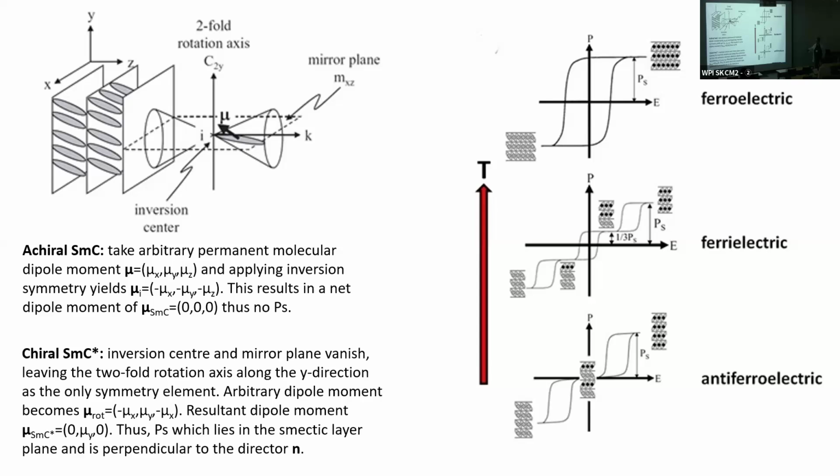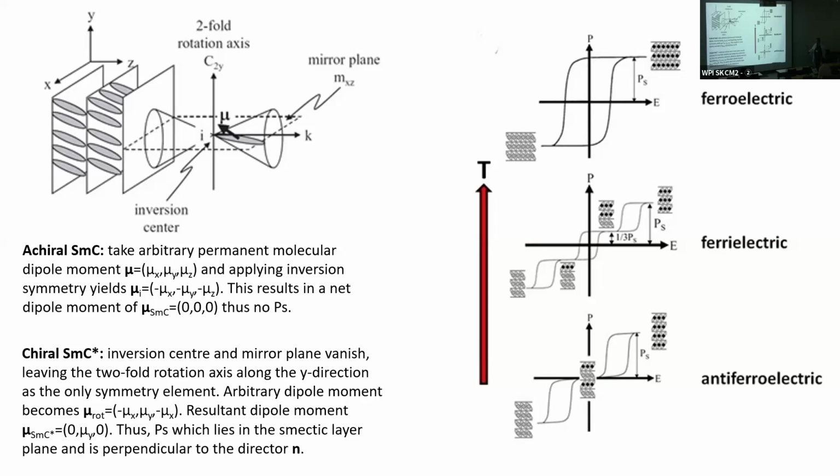If you do the same thing for chiral smectic C*, then your inversion center and the mirror plane vanish. And you're only left with your twofold rotation axis. And that means your arbitrary dipole moment, if you apply the rotation, ends up like this.